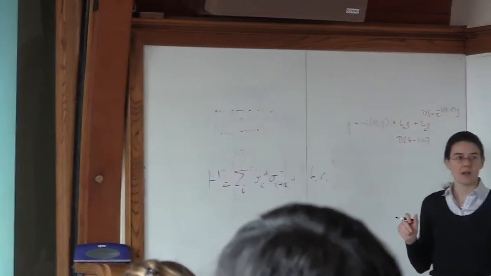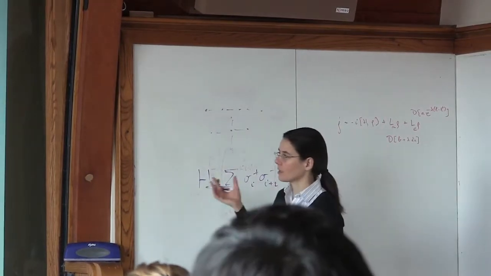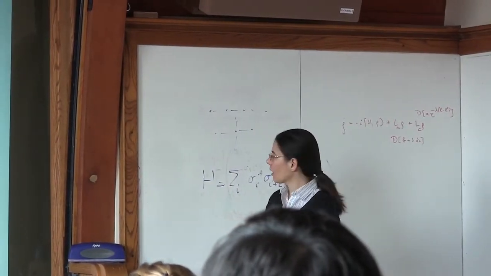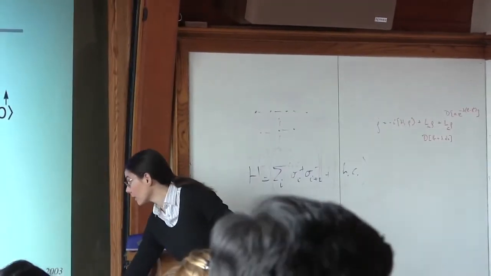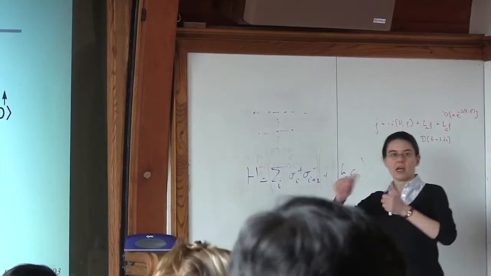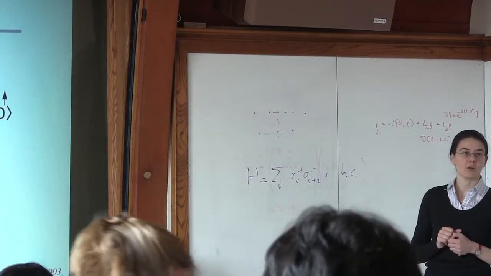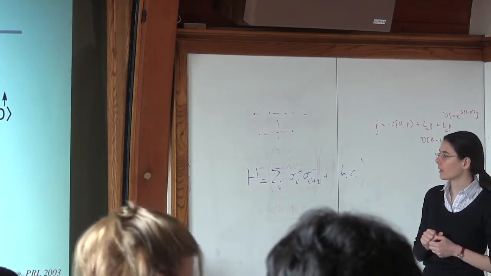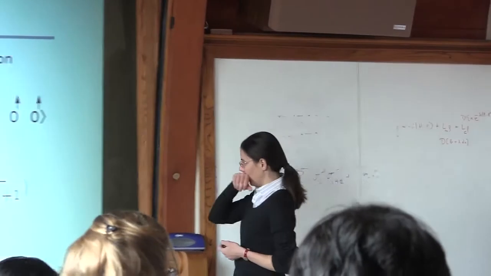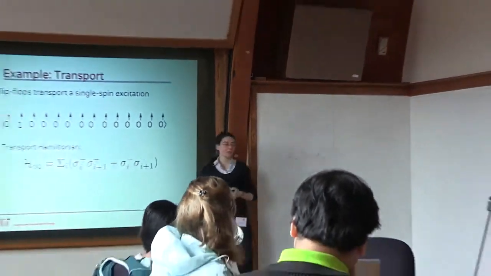Okay, so this, of course, preserves the Zeeman energy, or the magnetization of your string of qubits, and just operates this flip-flop between nearest neighbors. So why did I put down this other Hamiltonian?